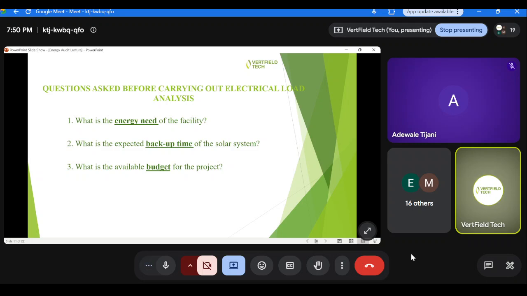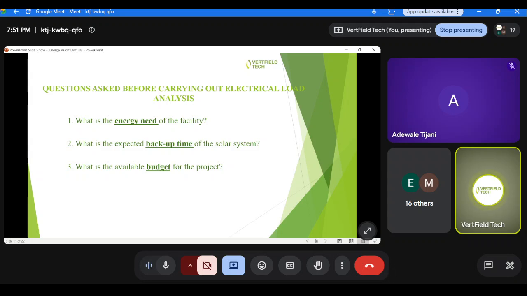So when he gives you that list of the various appliances he wants to power up, you can take it upon yourself to perform a little magic on it. When you perform a little magic, you then come up with the energy need of that facility. Then again, you ask the second question, what is the backup time of the solar system?